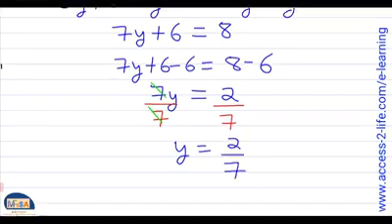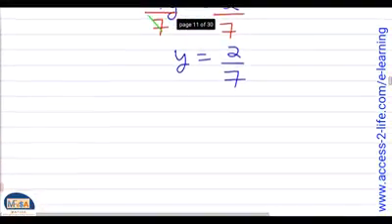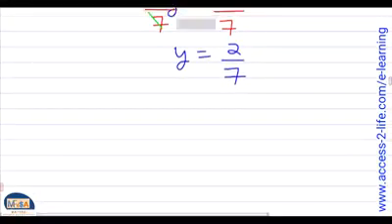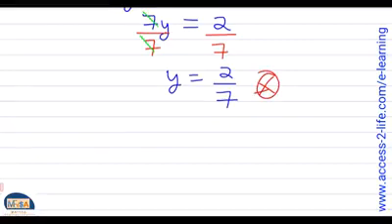Now at this point, I suggest you pause the video, take this value of y, and plug it into our original equation to see if the left hand side does indeed equal the right hand side.